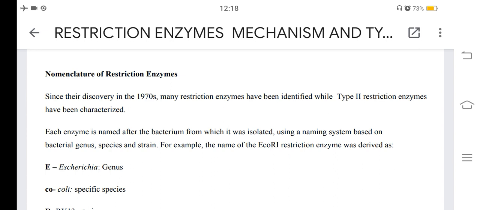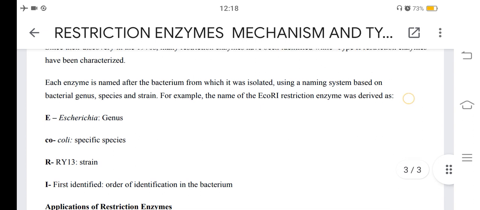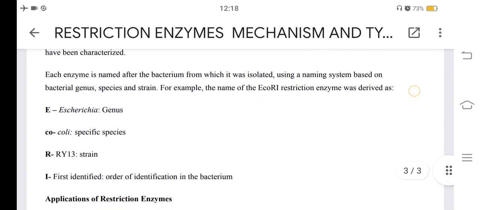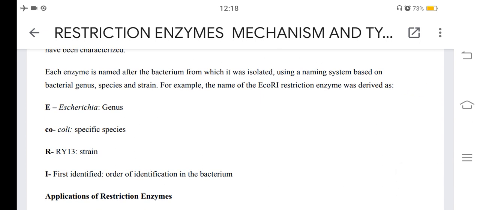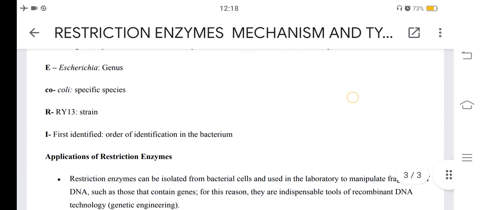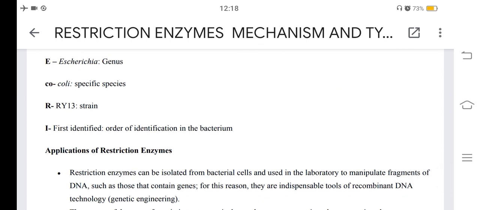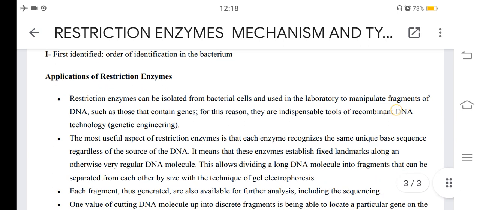For example, the name of the EcoRI restriction enzyme was derived as follows: E for the Escherichia genus, co for coli, the specific species, then R for strain RY13, and I for the first identified, the order of identification in the bacterium.